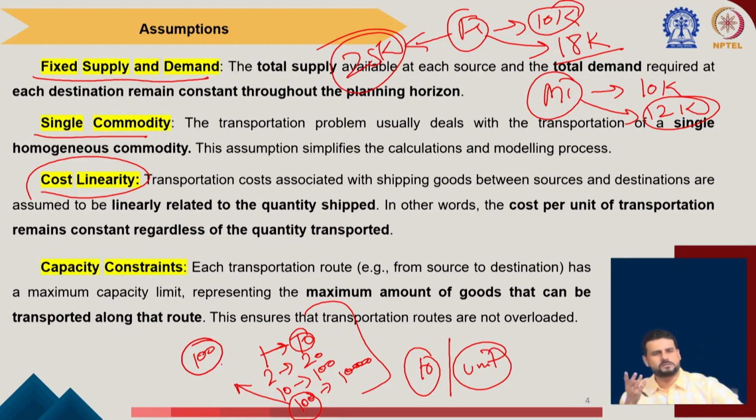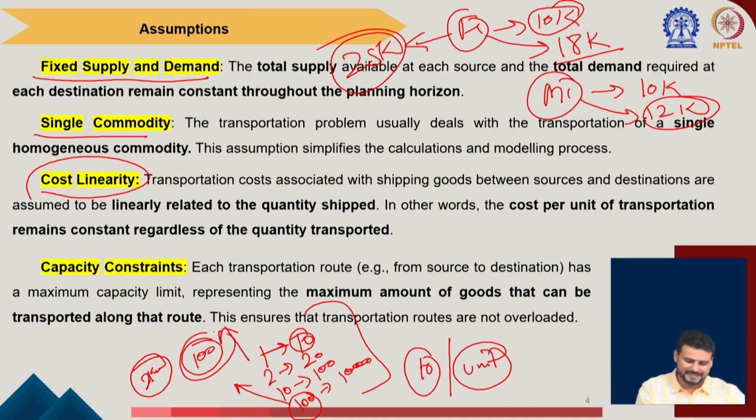Fuel consumption will be the same, but yes, because delivery locations may vary, maybe he needs to travel 2 kilometers more, but then also the cost will be less than 100 rupees per unit, maybe 80 rupees, maybe 70 rupees per unit. So the economies of scale concept doesn't hold good in this case.